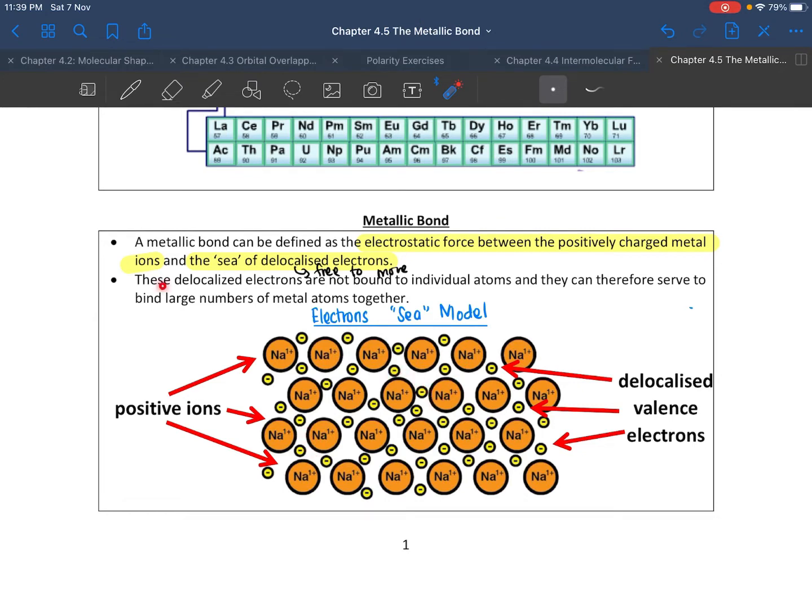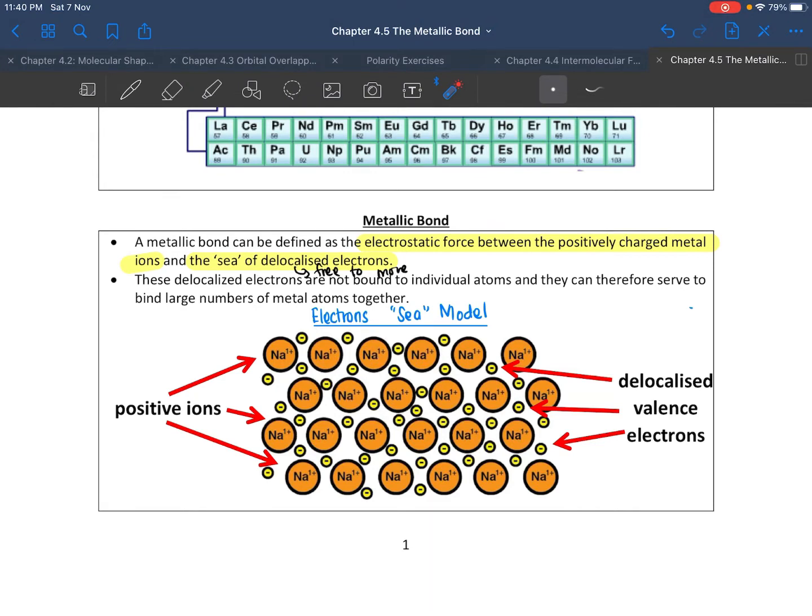Okay. And these delocalized electrons are not bound to individual atoms and they can therefore serve to bind large number of metal atoms together. Okay, maksudnya delocalized electron ni kamu tak boleh kata, oh, this negative charge which is this electron just belong to this Na+. No, okay, elektron ni dia bebas bergerak dan dia bebas nak bond dengan metal ion mana-mana pun.